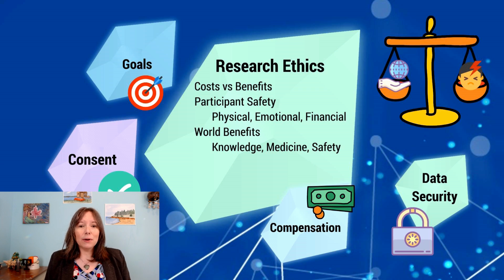When we think about some of the costs and benefits, we also must pay attention to any risk of harm. If the costs include a risk of harm, that must be thoroughly assessed. Harm can include things like physical harm, receiving an electric shock, being set in an uncomfortable place, putting on an EEG helmet, which includes lots of sticky goo. It could also be things like emotional harm.